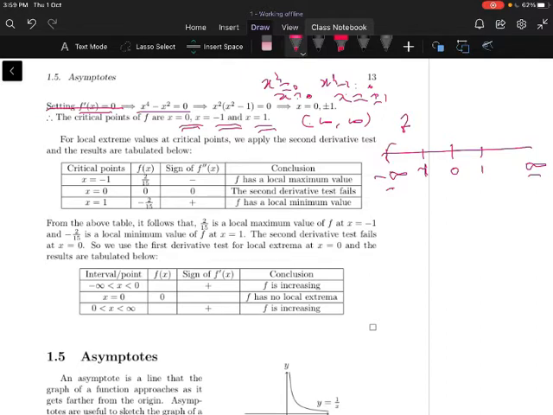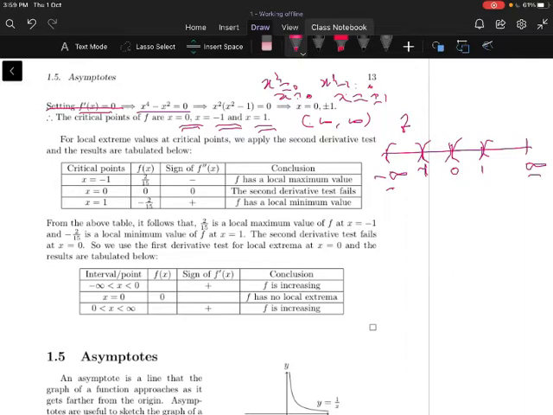These critical points split the domain into subintervals: minus infinity to minus 1, minus 1 to 0, 0 to 1, and 1 to infinity.